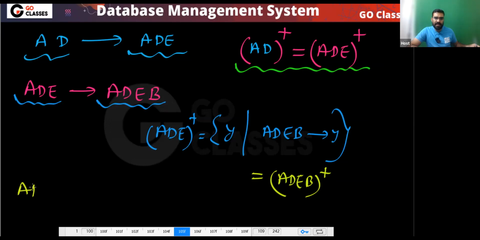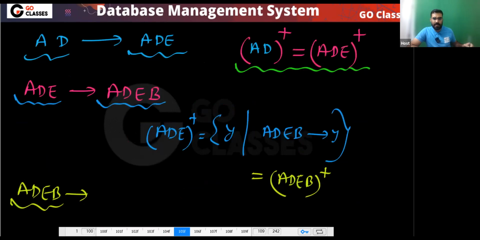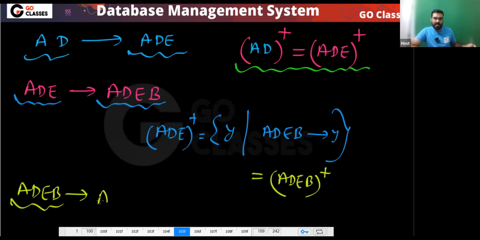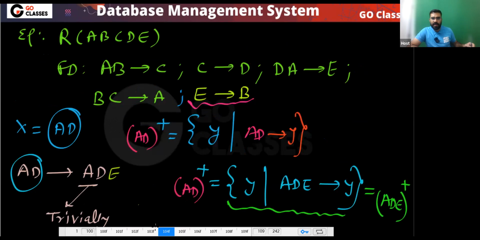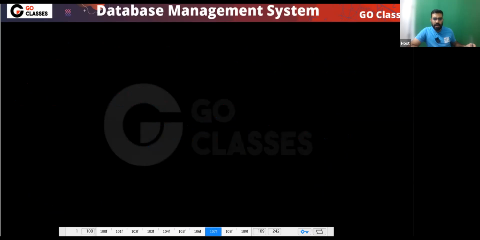So finally, let's find what ADEB can determine. You can notice this AB can determine C. So I can say ADEB can determine C. And finally you got all the attributes.